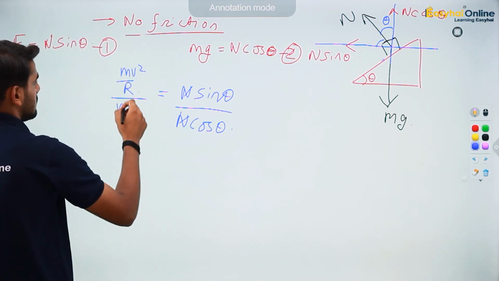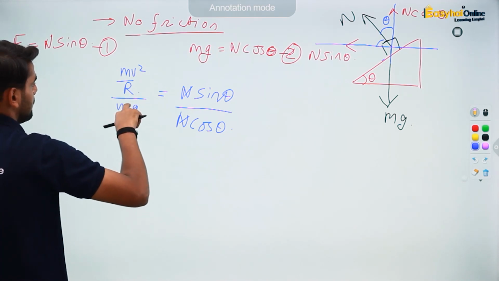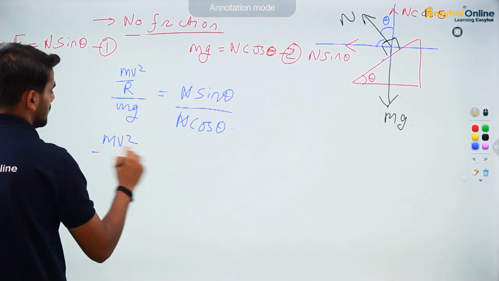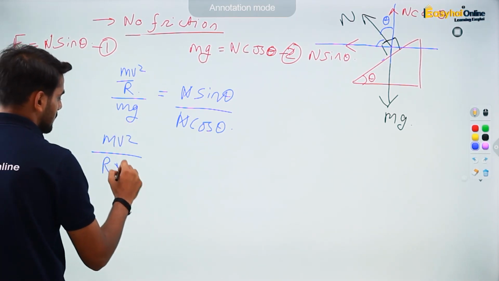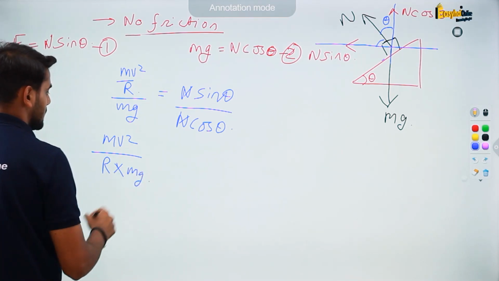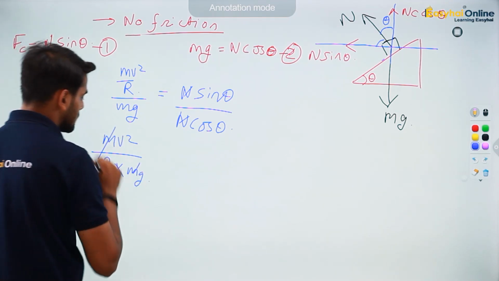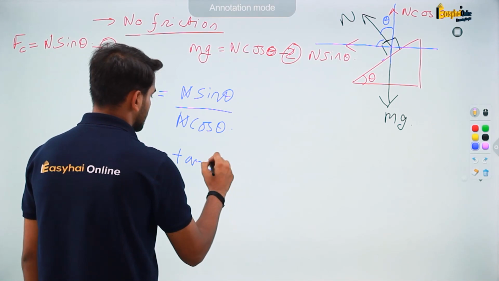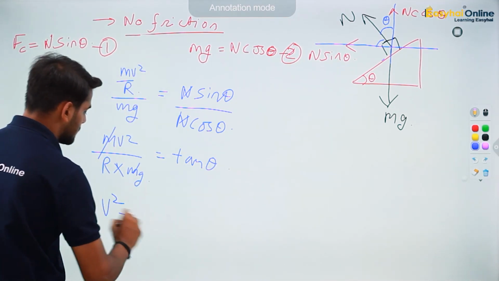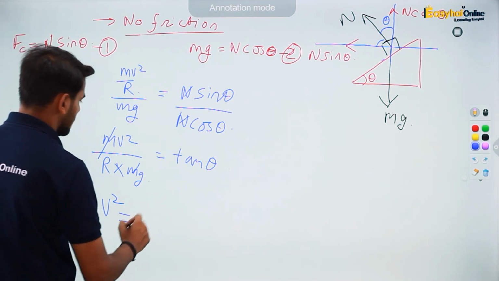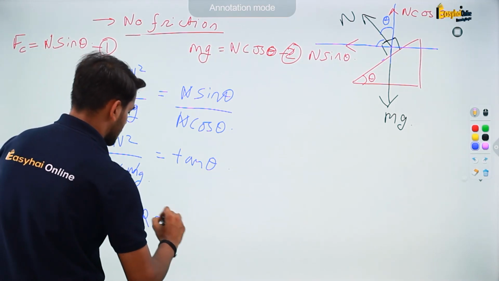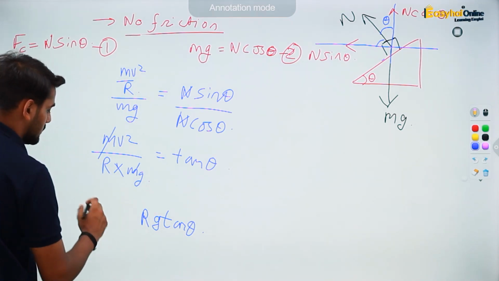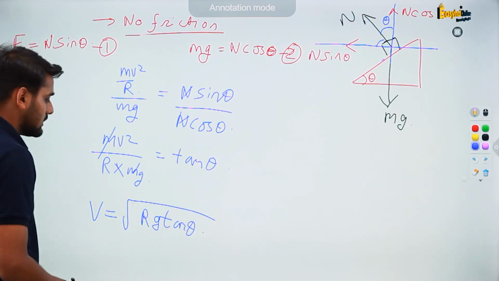On the left, mv squared upon r divided by mg becomes mv squared upon r multiplied by 1 over mg. Here m and m cancel, and this is equal to tan theta. So v squared is equal to rg tan theta, that means v is equal to the square root of rg tan theta.